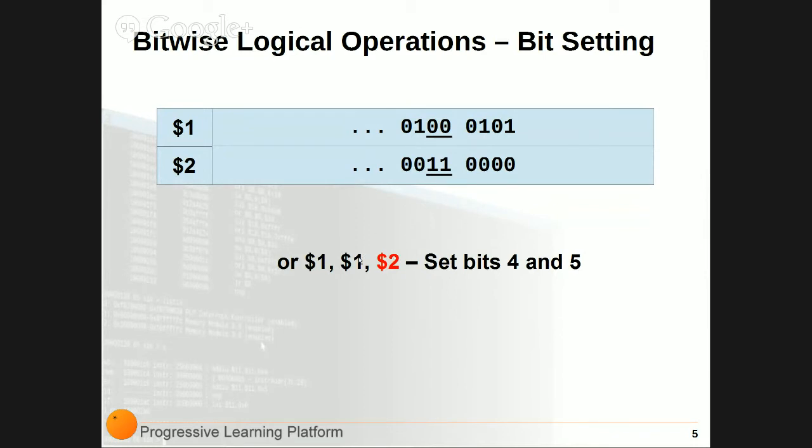So here you pull a value from register 1, you pull a value from register 2, and OR them together. What will happen after you execute this instruction? So bits 4 and 5 will be set because they were 0, and you ORed with 1, so they'll become 1. What if one of these bits is already 1? It will stay as 1.